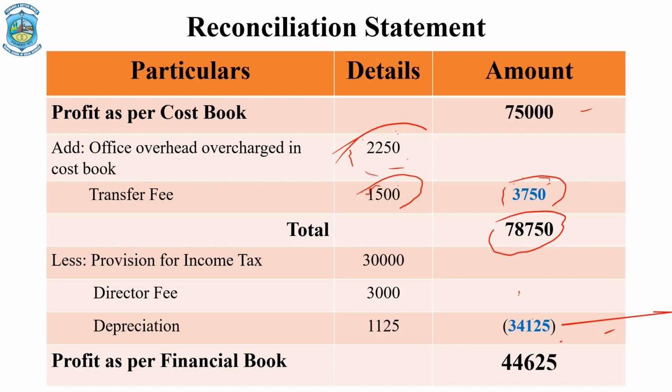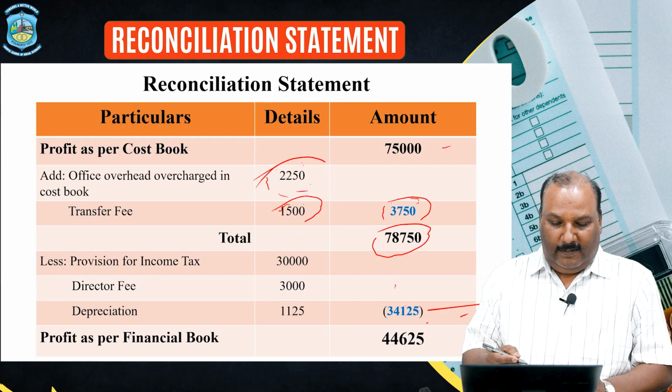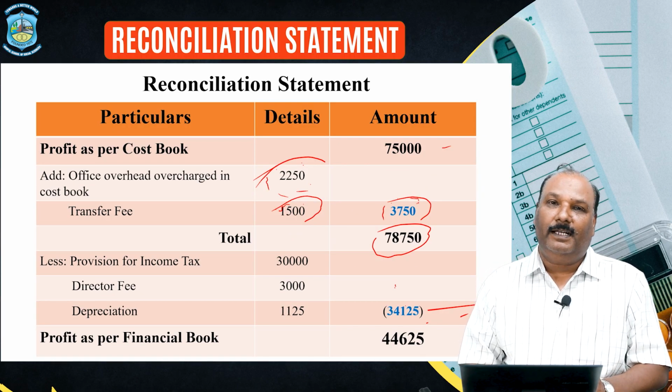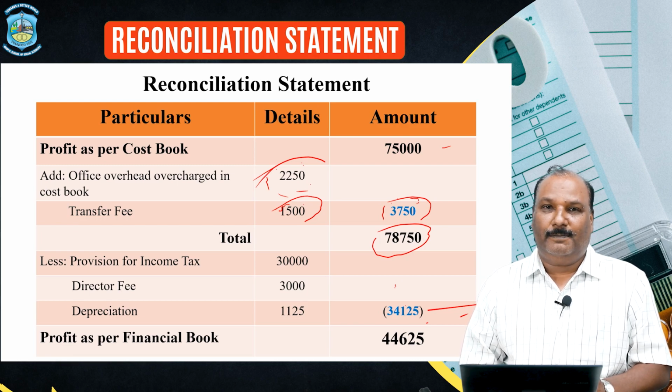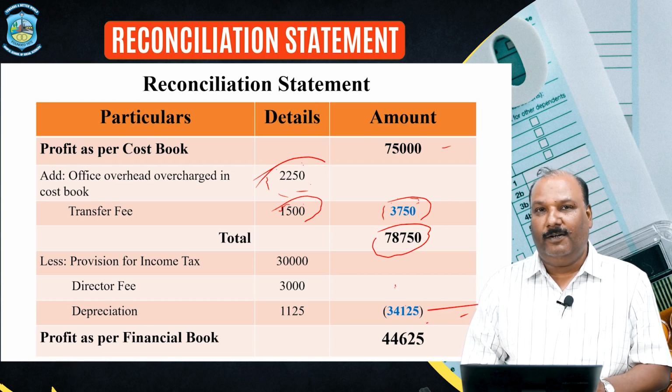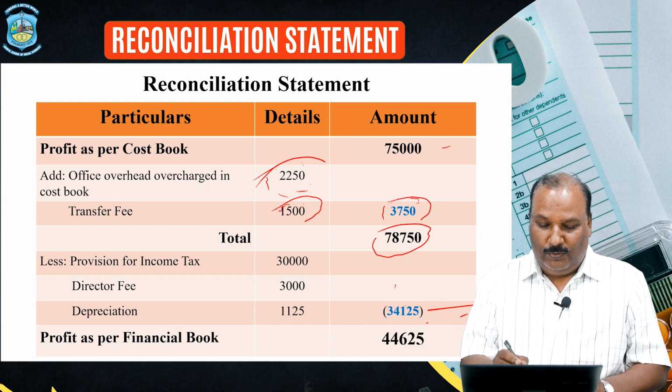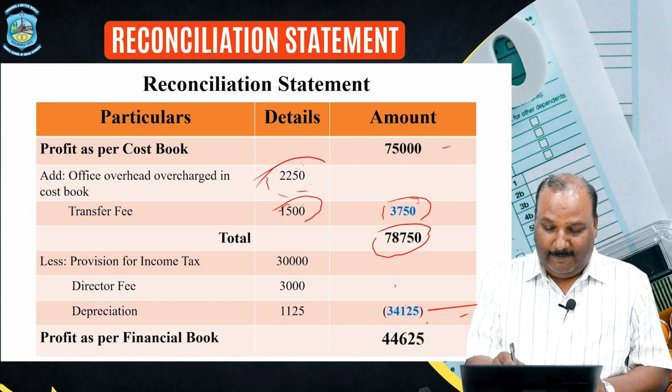Now, these are some items which we have to deduct. The reason behind provision for income tax: it is an expense which is shown on the debit side of the financial book. It means the profit of the financial book will decrease due to this income tax provision.